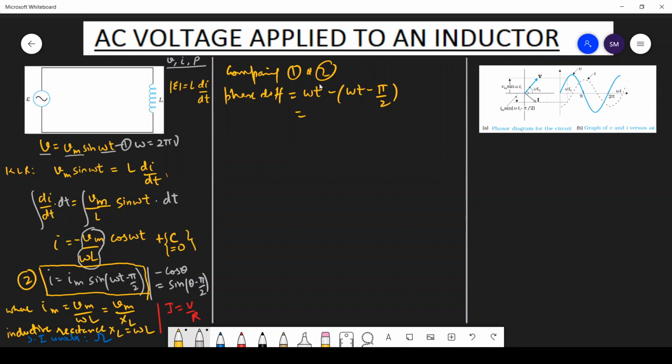If I open this bracket, omega t cancels and this minus will become positive. So the phase difference is pi by 2. It means that voltage is ahead of instantaneous current by pi by 2 radians, because 2 pi is a complete cycle, so 90 degrees or pi by 2 radians is 1/4 of a cycle.